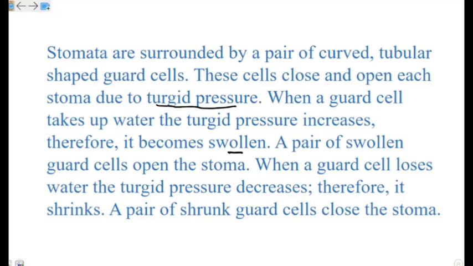When a guard cell loses water, the turgor pressure decreases, therefore it shrinks. So when we look at turgidity, we are simply looking at a process whereby water enters into the what? The cell. So therefore it shrinks, and a pair of shrunk guard cells are going to close the stoma. So this is how the opening and closing of the stoma is done.